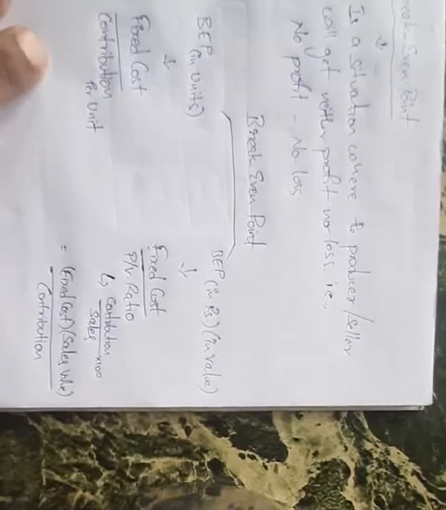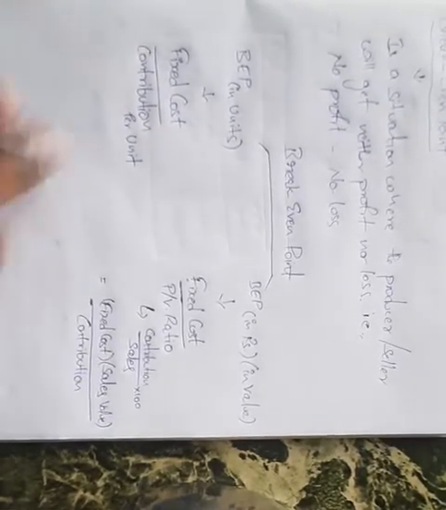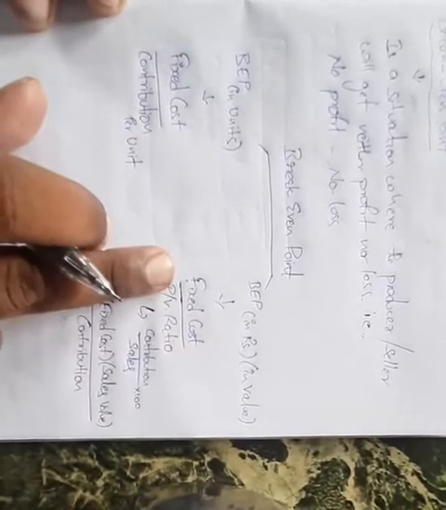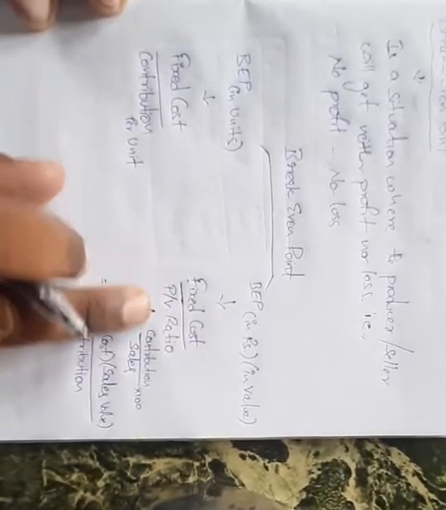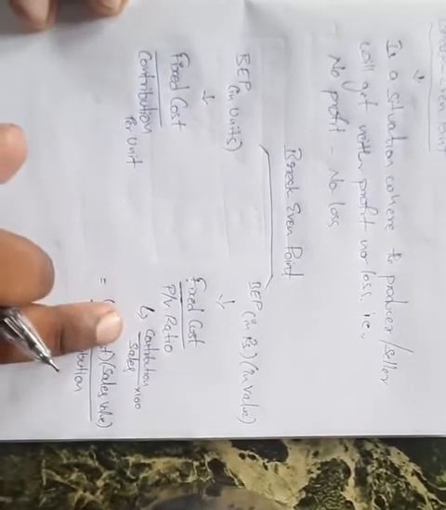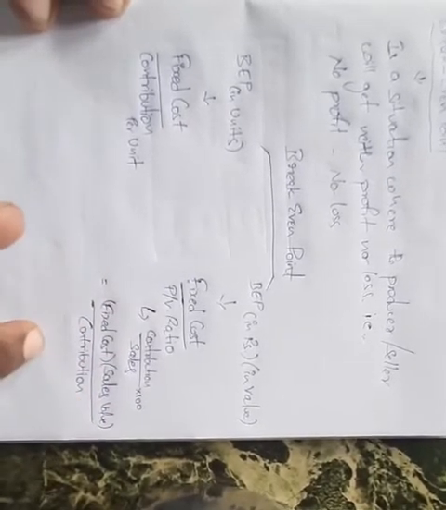So this is about break-even point. In units it is fixed cost by contribution. In values it is fixed cost by PV ratio, and you know PV ratio is contribution by sales into 100.